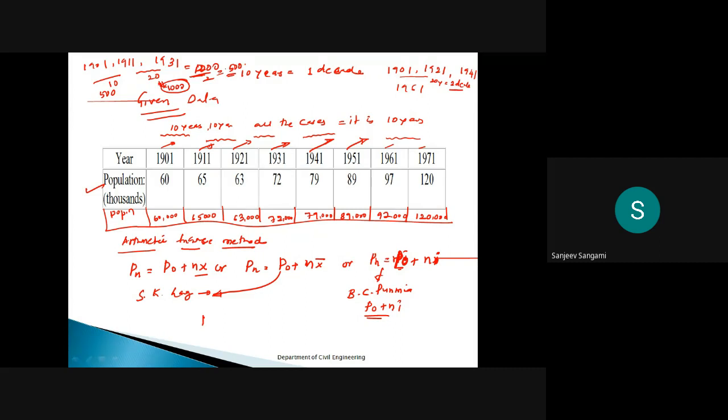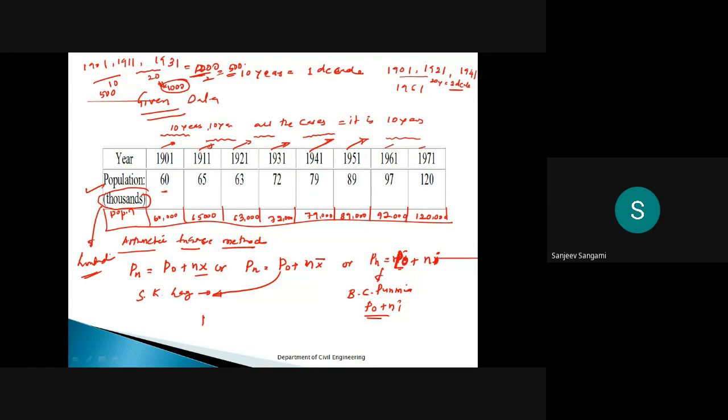Whenever you are calculating the x value here, you have to always concentrate on these values. Sometimes you may convert the population to thousands, or it may not be required, or you can directly use it. But make sure whether he has given the population in thousands or hundreds. Sometimes he may write 100, then it should always be multiplied by 100.